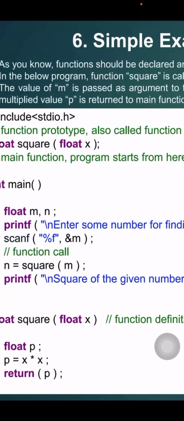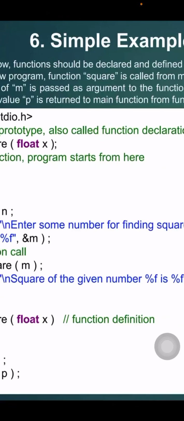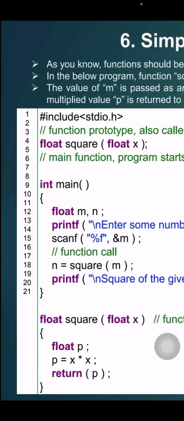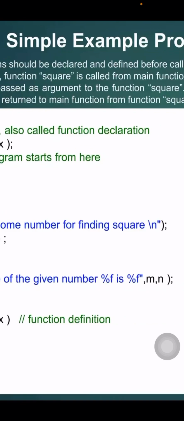That means whatever result we want to print on the computer screen, first the control will go to the next line and then it will print the result over there, the square of the given number. We have written control string %f. This is to print the value of m, and the second %f is for n. m stores the value that we inputted from the keyboard, for which we were calculating the square, and the second, n, contains the result.